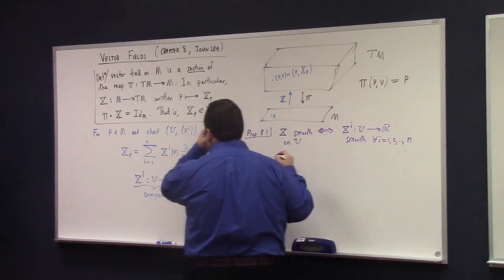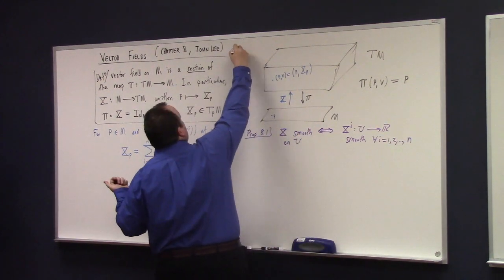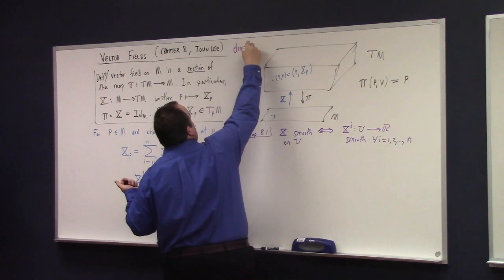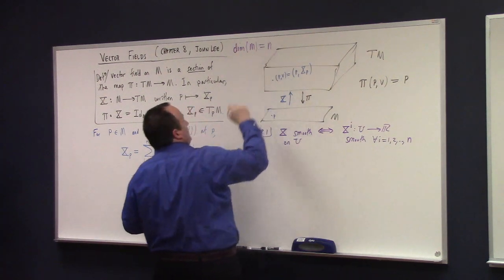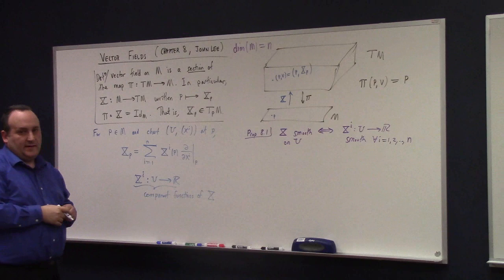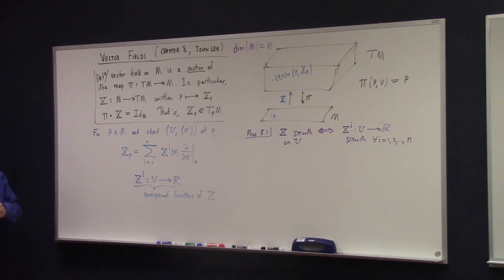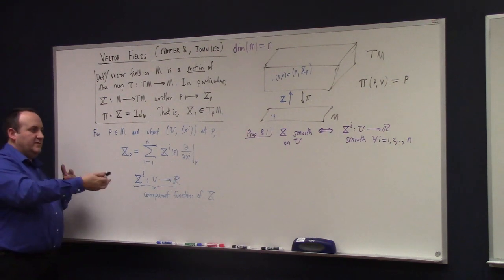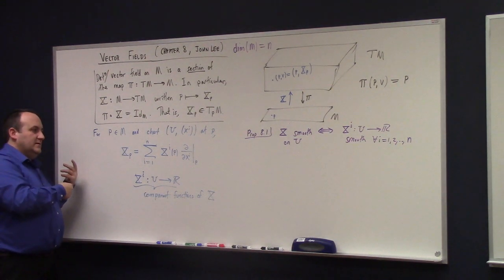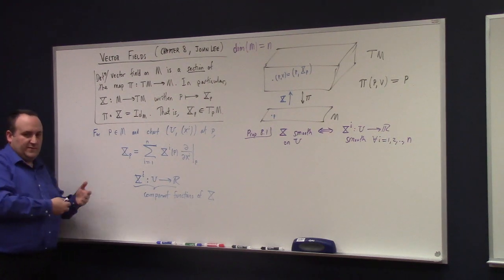Let's say, by the way, for the remainder of this lecture, the dimension of M is going to be equal to n. I know sometimes I make it m, but I'll do n as in nanu nanu. So in short, a vector field is smooth if and only if its component functions are themselves smooth.